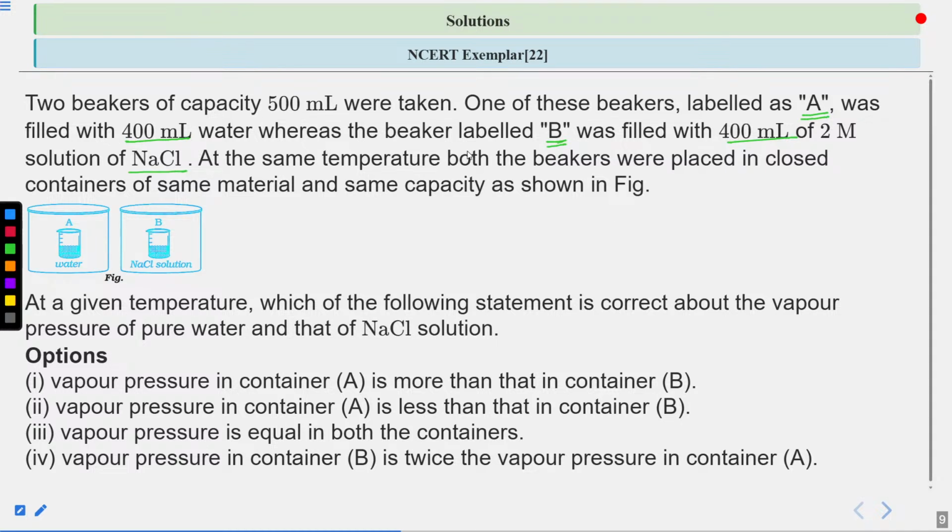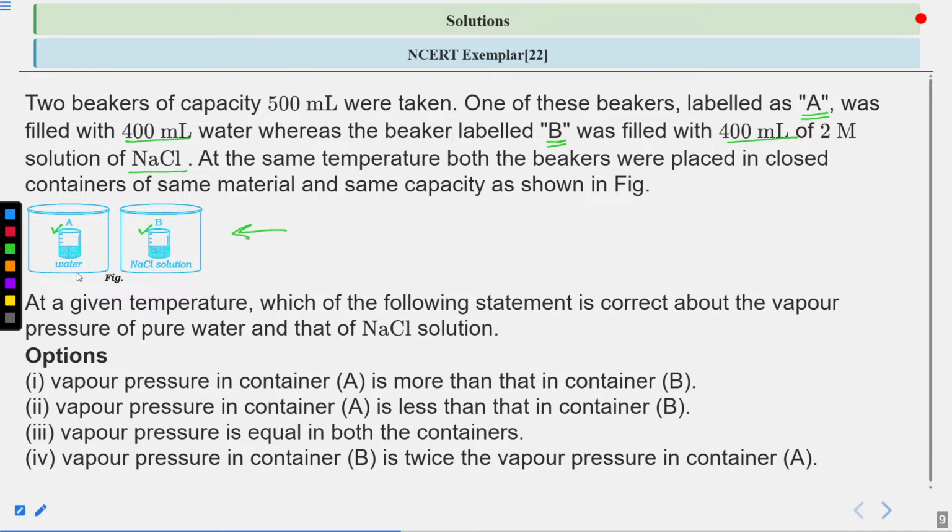At the same temperature, both the beakers were placed in a closed container of the same material and same capacity, as shown in the figure. You can see we have two beakers, A and B. The big one is the container, which is of the same material and capacity.